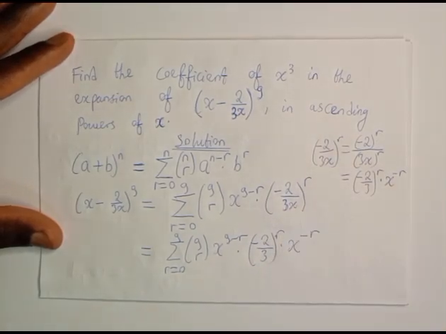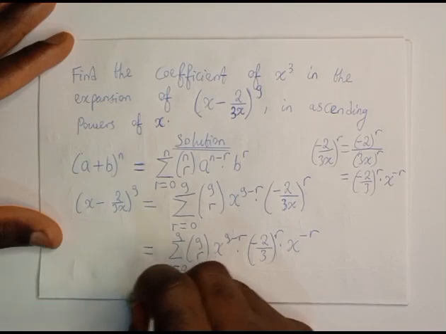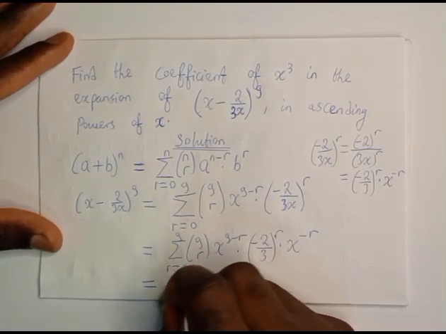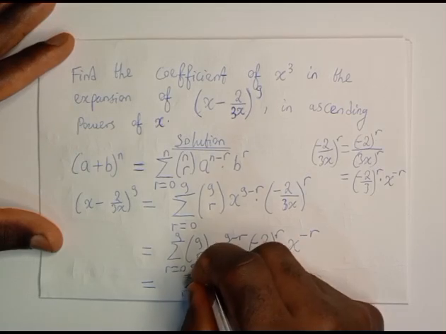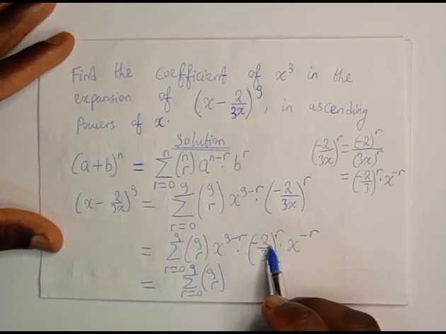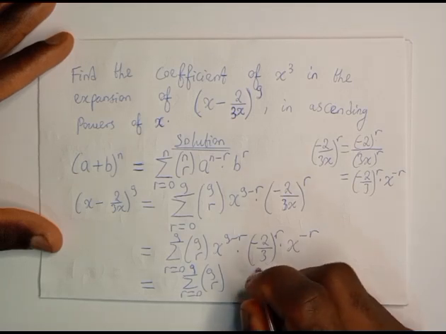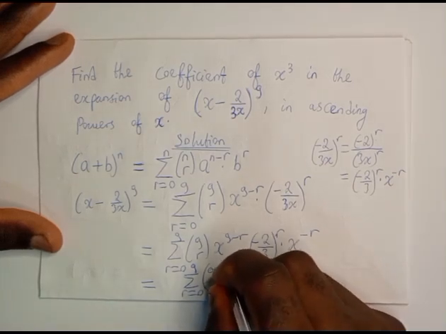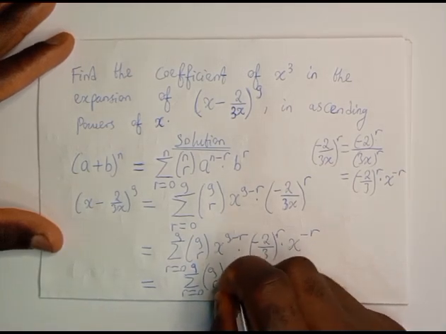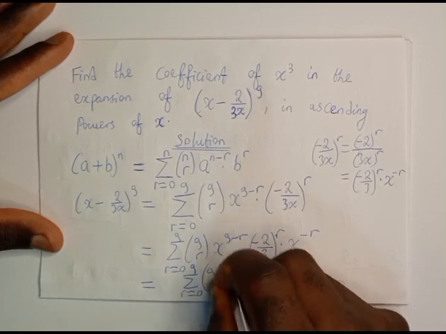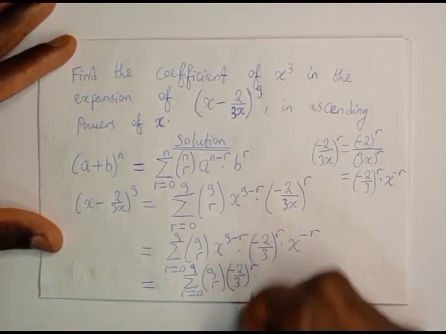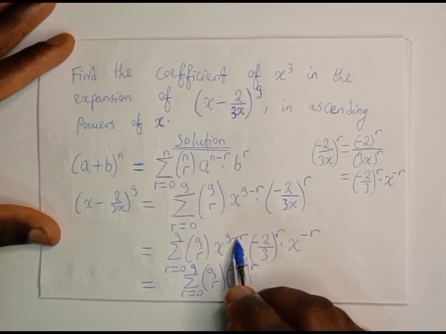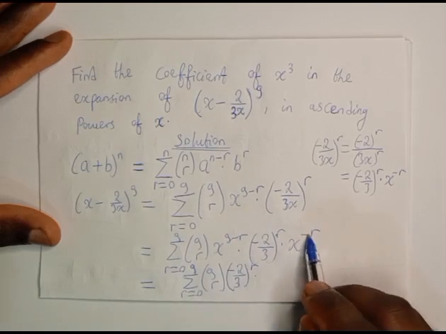This will be equal to summation r equal to 0 right up to 9 of 9 combination r. We are going to send negative 2 on 3 to the power r in front, times x raised to the power 9 minus r times x raised to the power negative r.